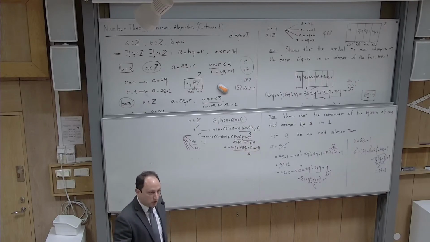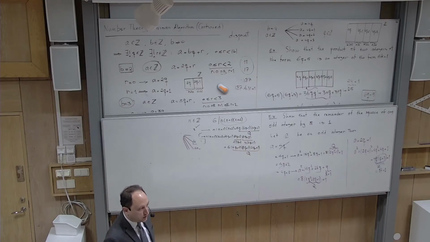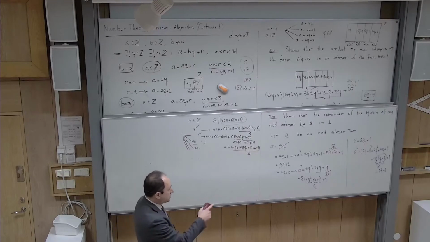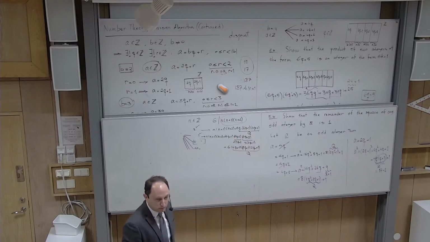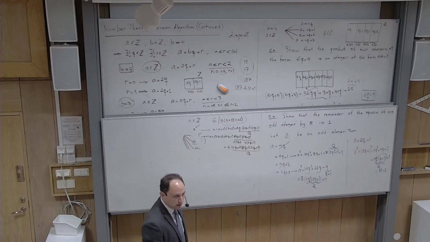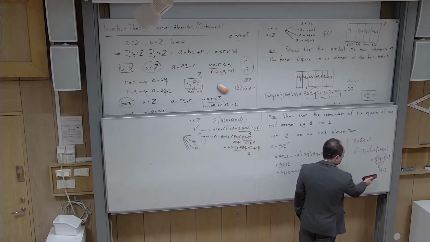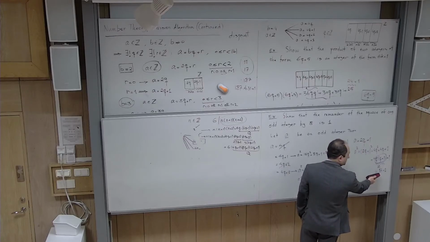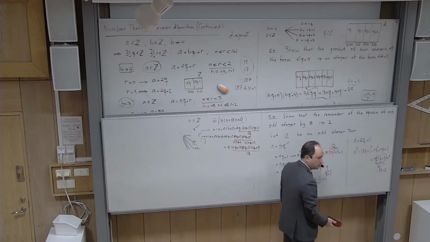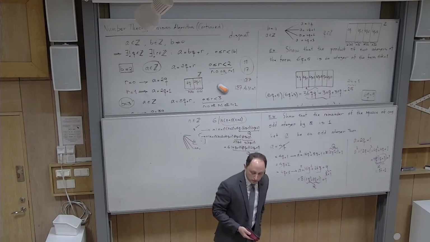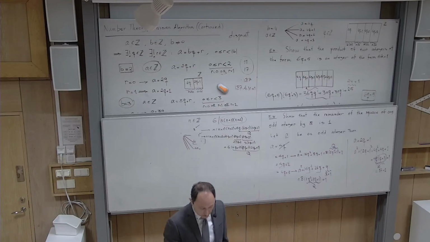So the conclusion is that if you have an odd number whose remainder by 8 is not 1, then you can conclude that that number is not a complete square.